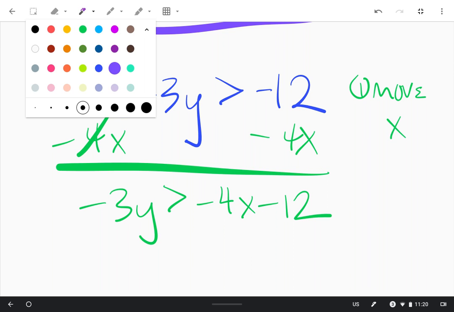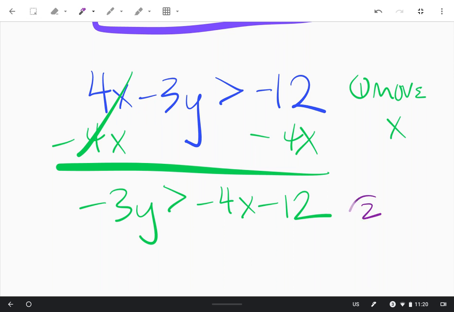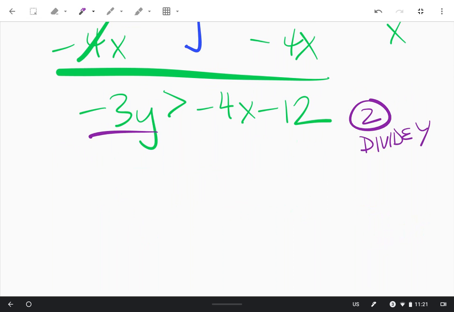So you can see everything about this problem is the same. I'm not doing anything different because of the inequality symbol. Everything is still happening the same way. Divide y. That means I'm dividing by this negative 3. Lots of negatives going on.